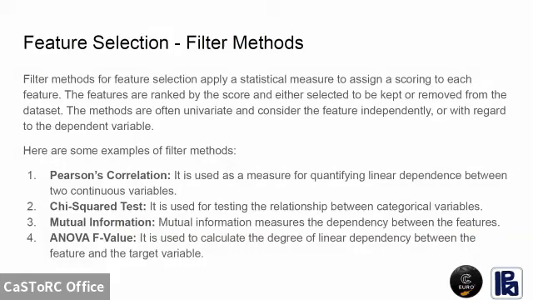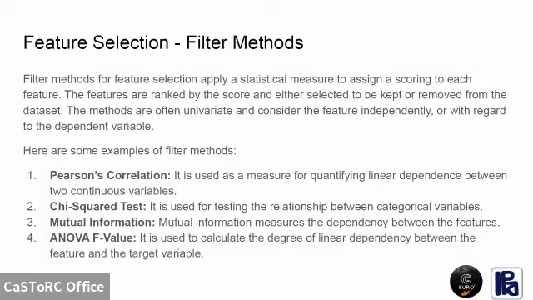Then, based on the score, you select the top 10 features, or the top 20, or the top 100. Or you remove the ones that have a very small correlation between your input and output.